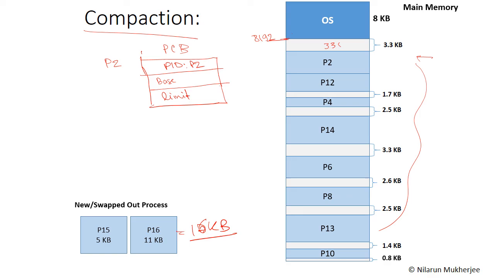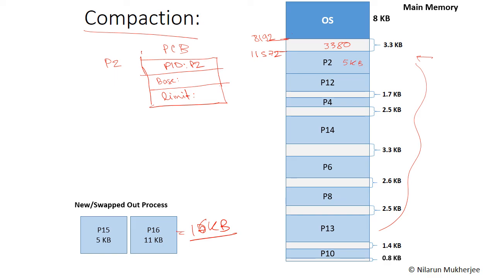So 3.3 into 1024 is approximately 3380, which when added to 8192 gives me the start address of this, 11572.